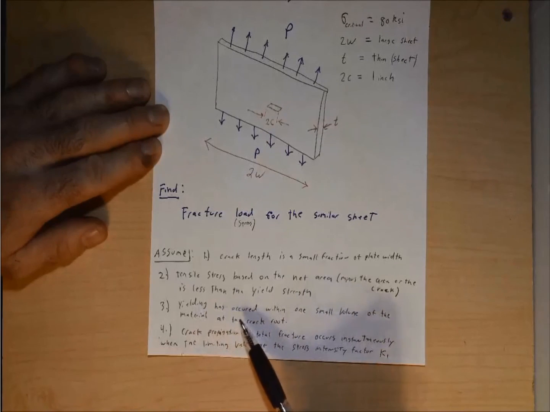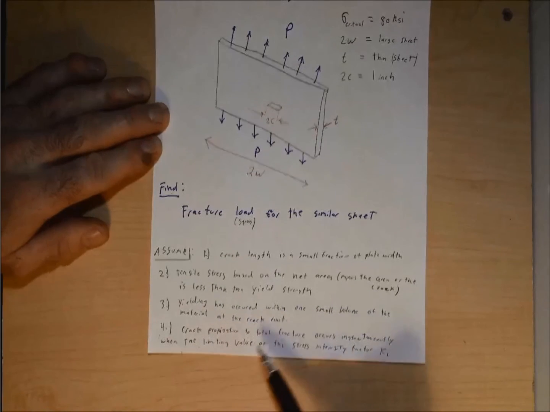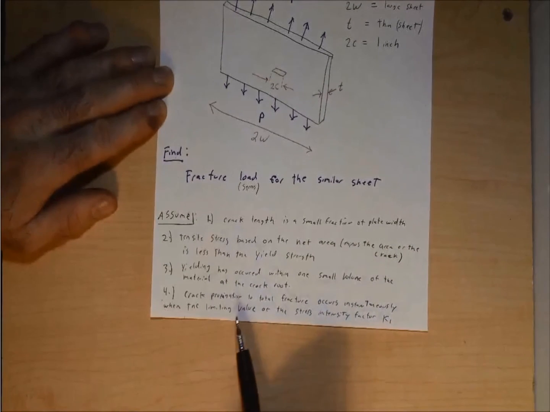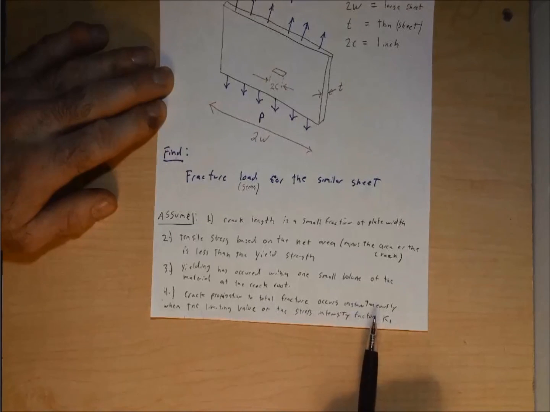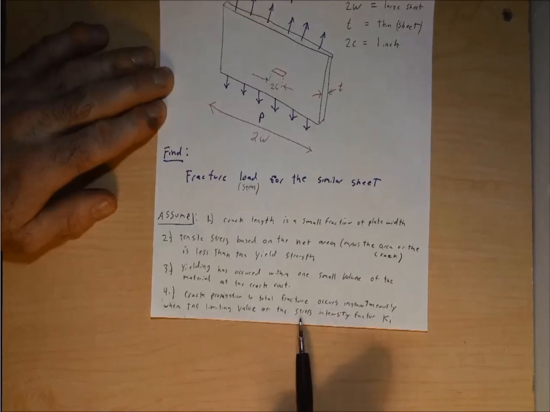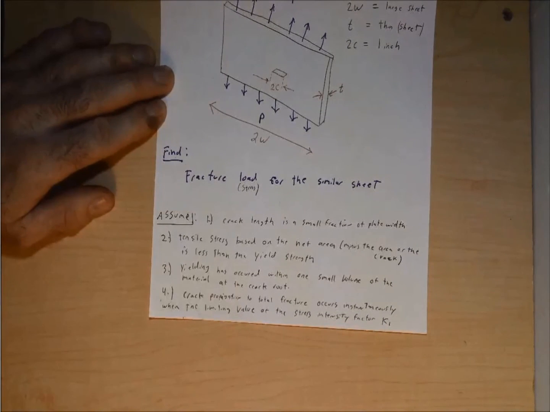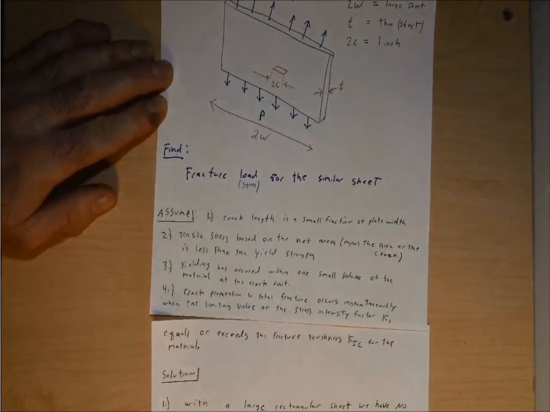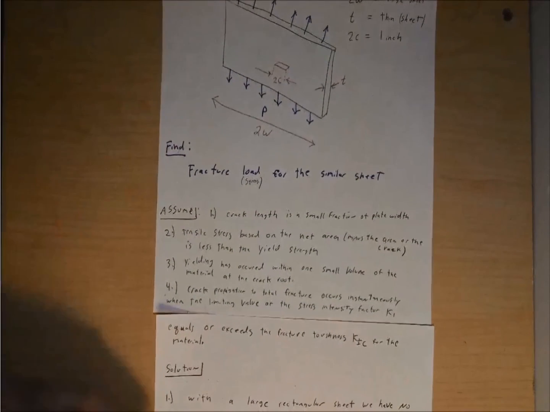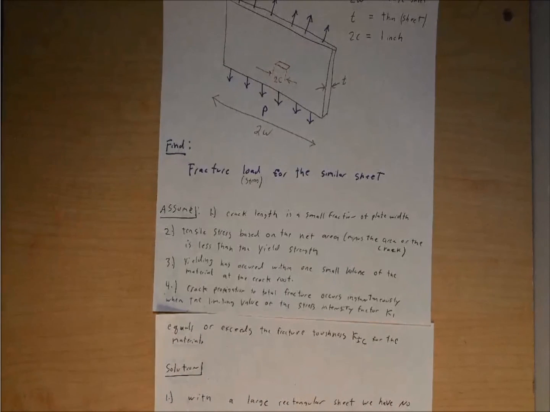Yielding has occurred within one small volume of the material at the crack root, and then the last assumption we're going to make is that crack propagation to the total fracture occurs instantaneously when the limiting value of the stress intensity factor Ki equals or exceeds the fracture toughness of KIC for the material. So those are the assumptions that we're going to make when setting up this problem.